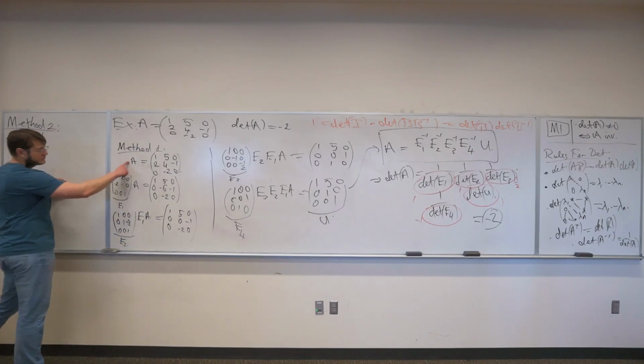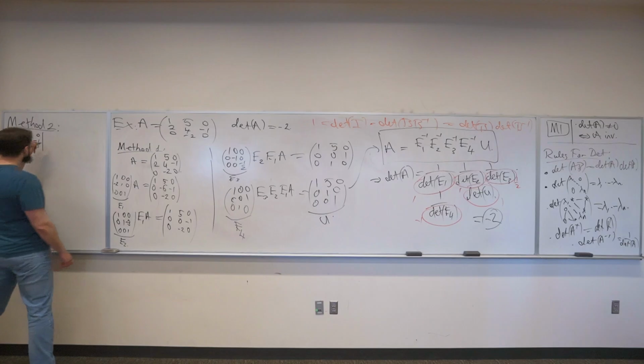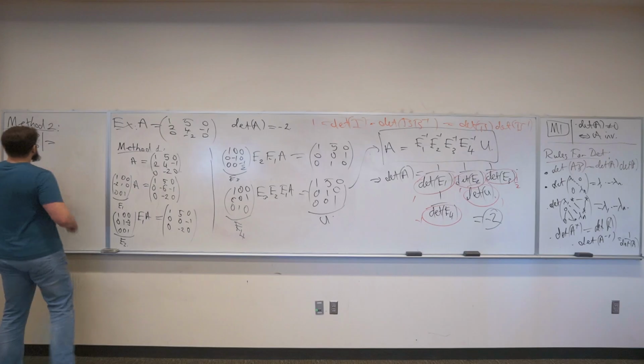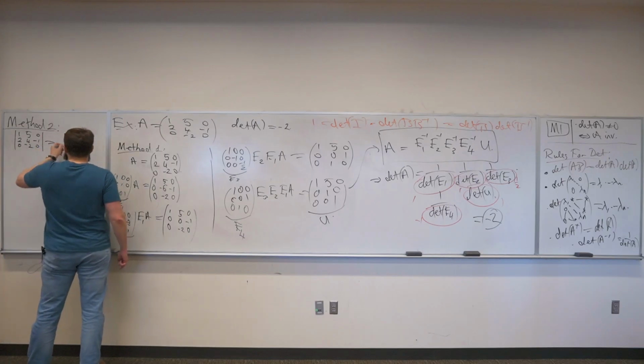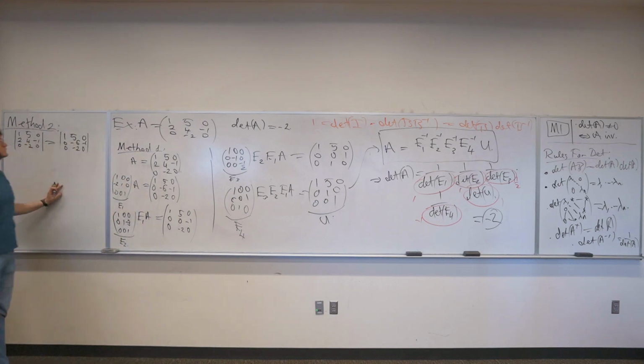So what did we do? In the first step, I took the first row and subtracted twice it from the second row. This, in terms of determinants, costs nothing. So I can just write it like so. Then minus 6, minus 1.